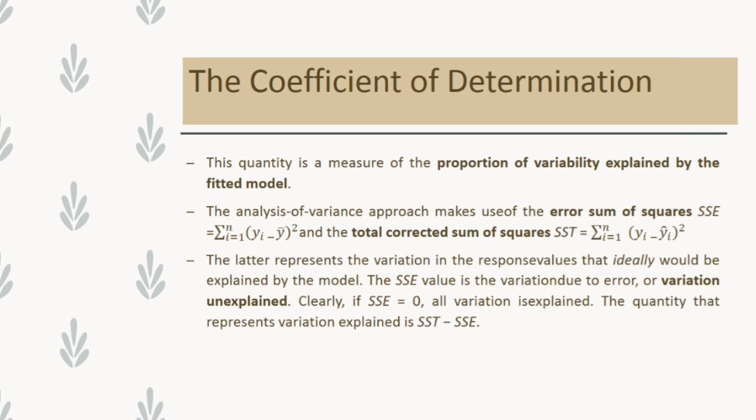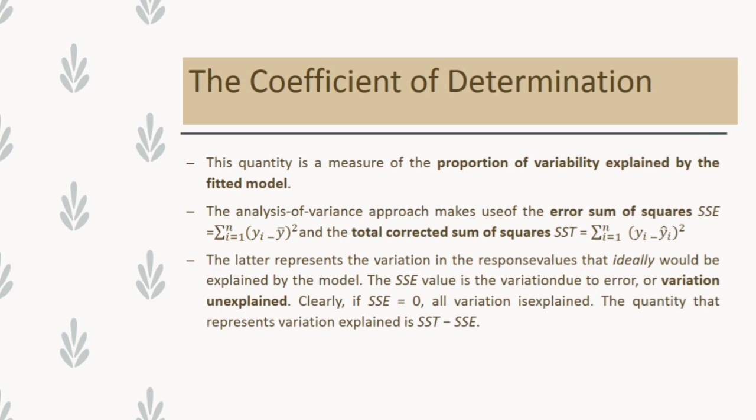Next, the coefficient of determination. This quantity is a measure of the proportion of variability explained by the fit model. The analysis of variance approach makes use of the error sum of squares SSE, which is the sum from i equals 1 to n of yi minus y bar squared, and the total corrected sum of squares SST, which is the sum from i equals 1 to n of yi minus y hat i squared.